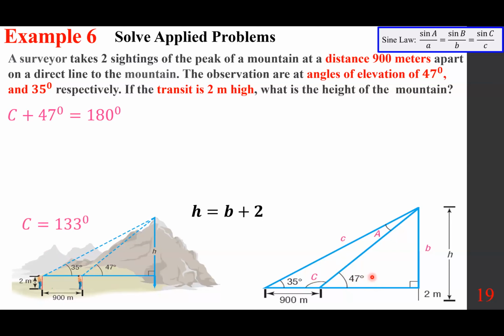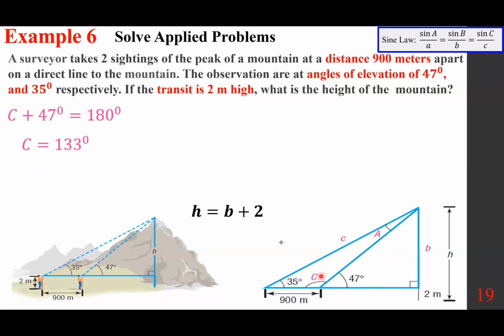So we can find the angle C. Remember, H is B plus 2. We are trying to find B. And to find B, we need one other side. For example, maybe this side or this side or this side in order to get to B. One of those sides.